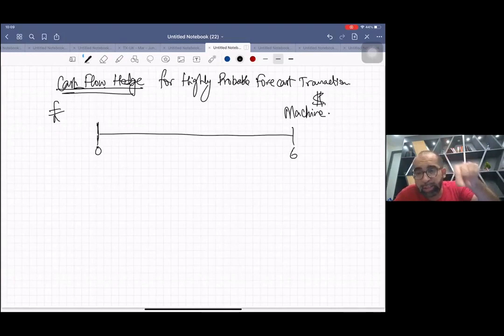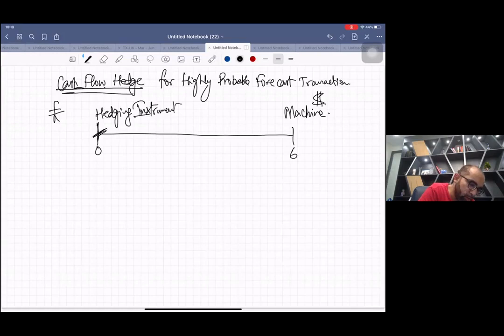So now, to mitigate this risk, to reduce this risk, we entered in a hedging instrument now, a forward market bet or a derivative.